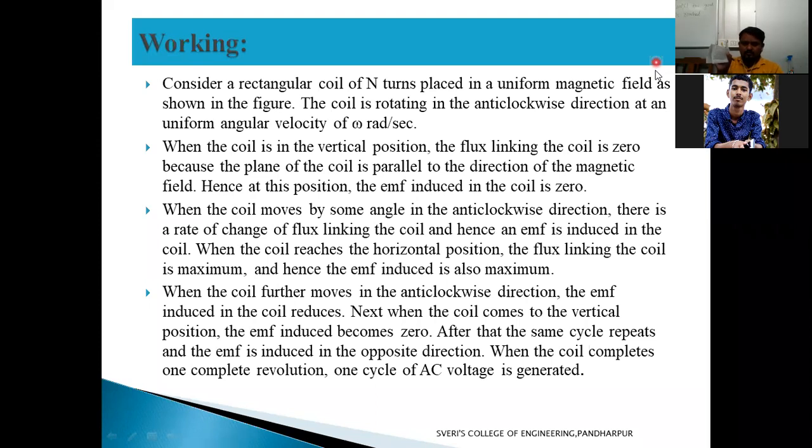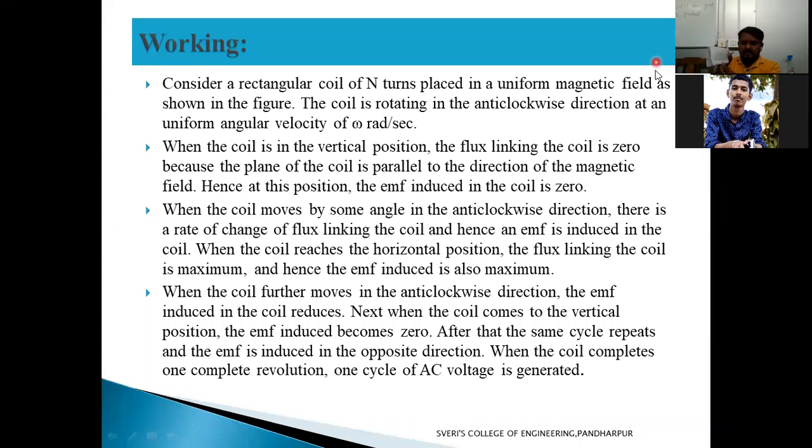So from 0 to 90 degrees we generate some EMF, but at 0 degrees the induced EMF is 0. At 45 degrees some EMF is induced, but at 90 degrees we get the maximum EMF induced in the coil.